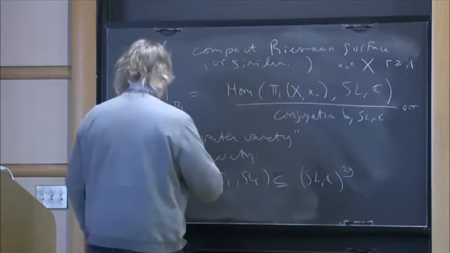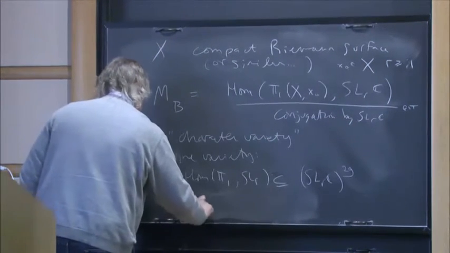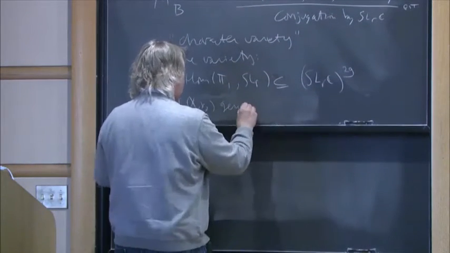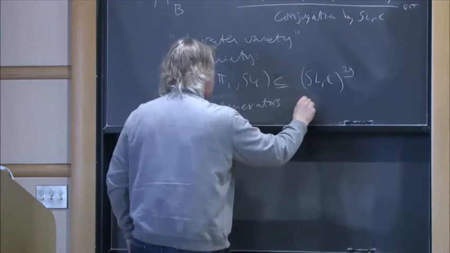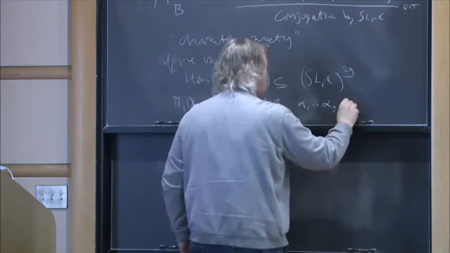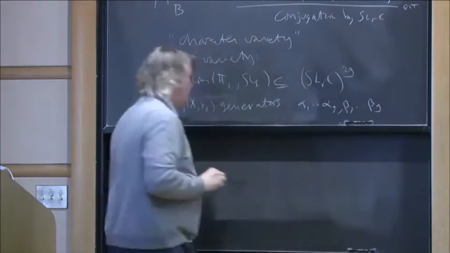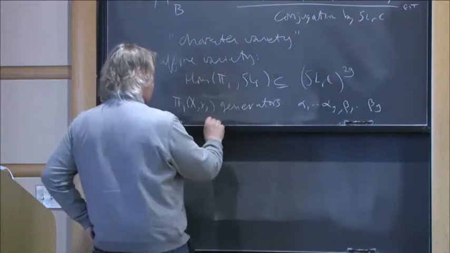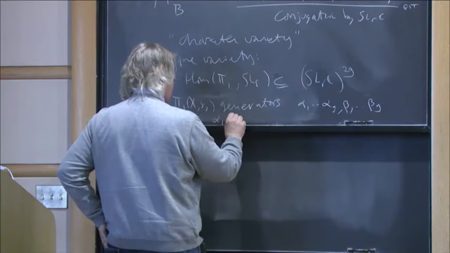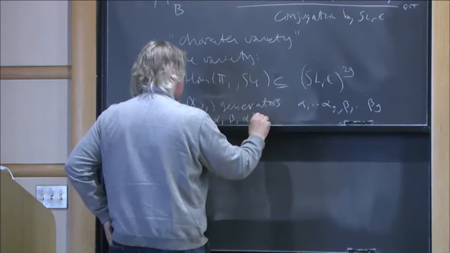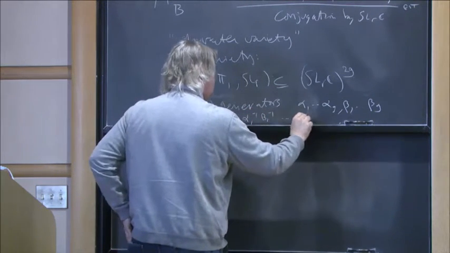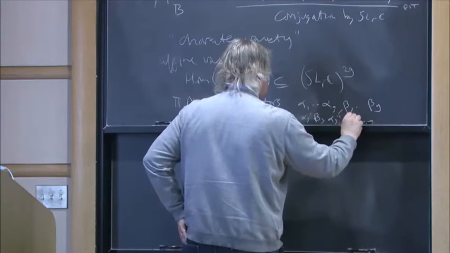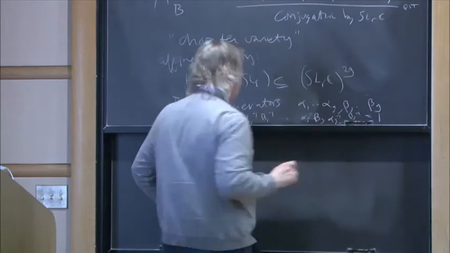Remember that pi 1 has generators alpha 1 through alpha g and beta 1 through beta g, subject to this relation.